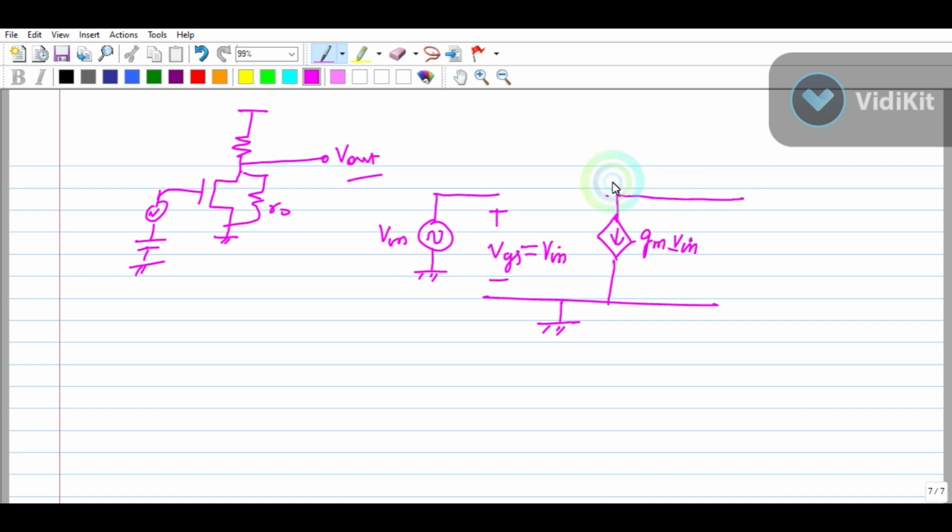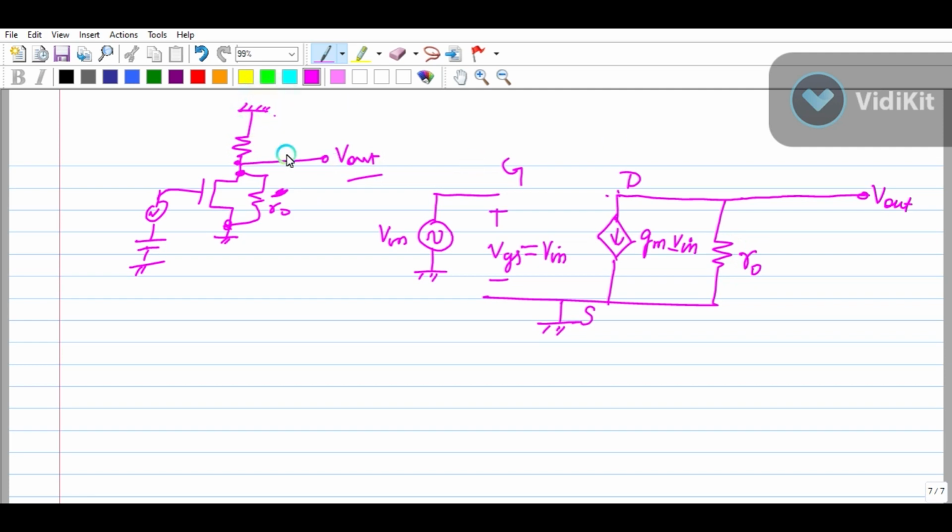Now from drain, this is the drain terminal, this is source, this is gate. From drain there is V out going, right? And there is R out, which is connected to drain and source. So let's do it. Drain and source, this is R naught, and from the V out terminal to ground, this will be ground.